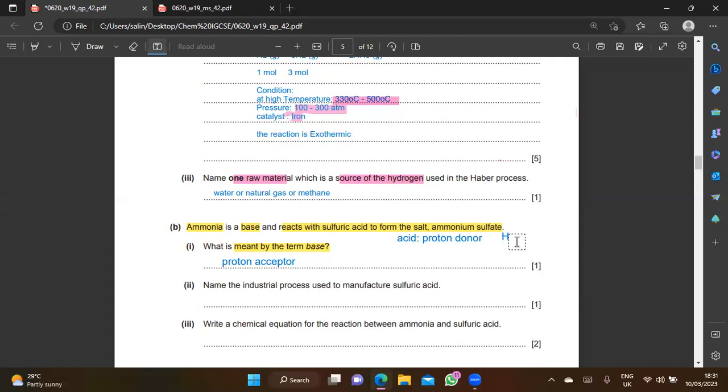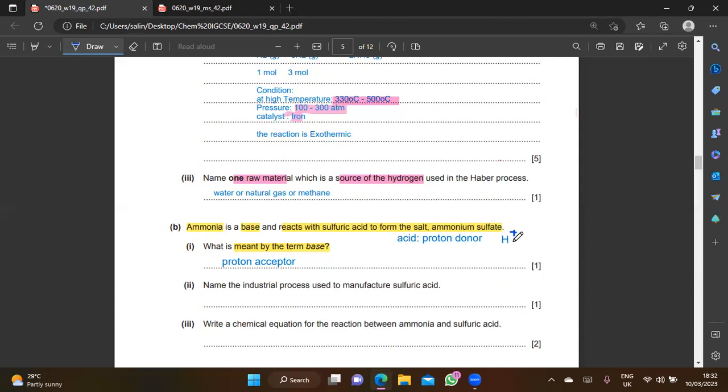Remember one thing. What is the thing that you do need in order for that compound or whatever it is to become an acid? Is the presence of hydrogen ion. Okay, there is a must in an acid to have hydrogen ion.